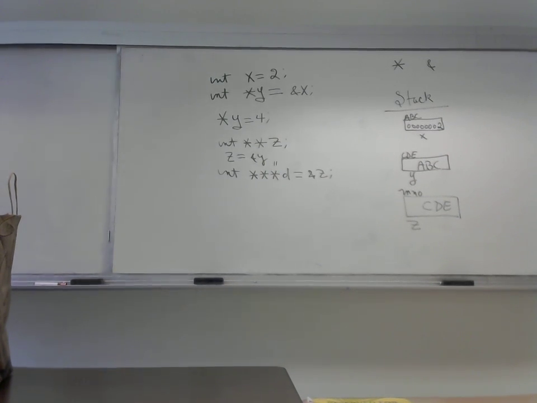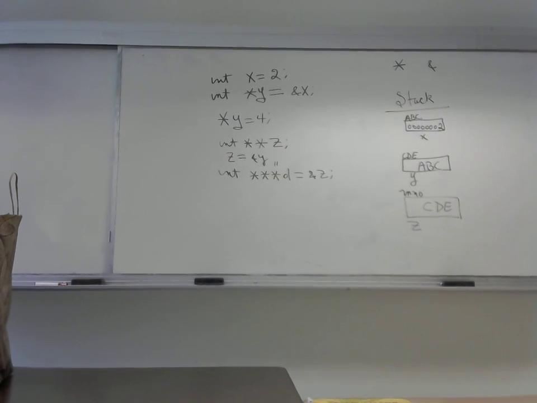Now, can you think of a time when you would have star, star, star, D? Would you actually do something? If you have a multi-dimensional array, you can do that. A 3-dimensional array, I have used one once. I got my head handed to me by my professor.